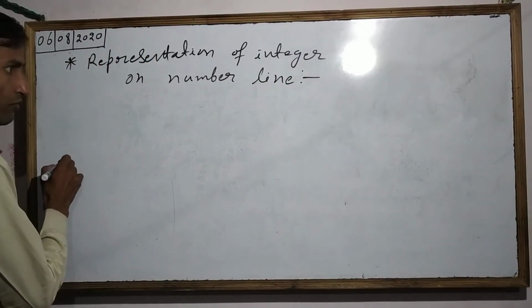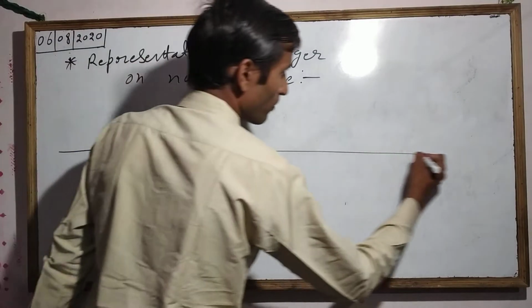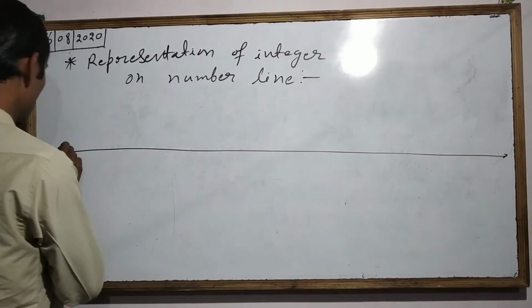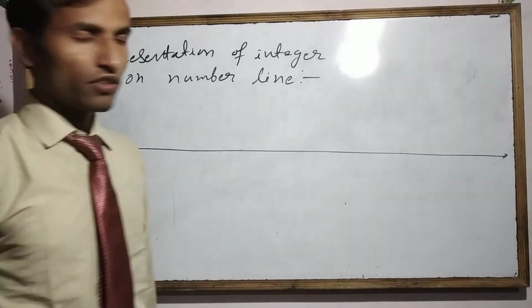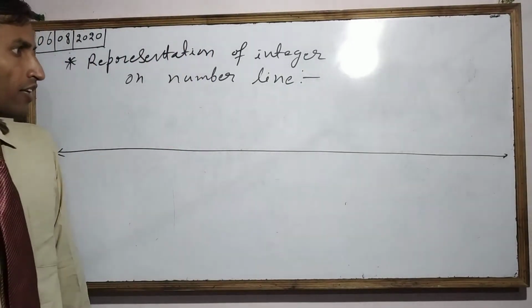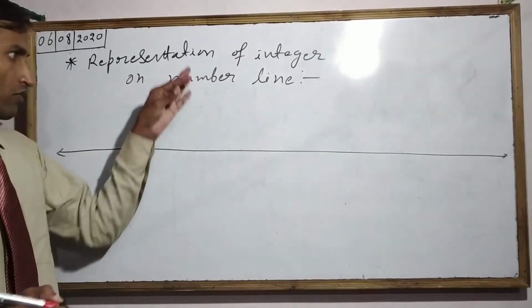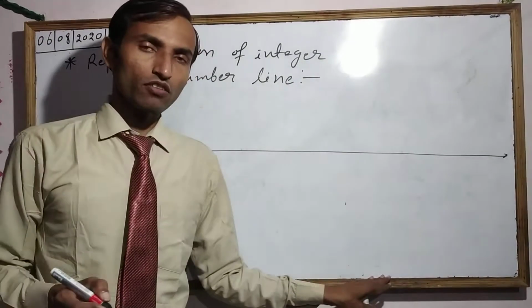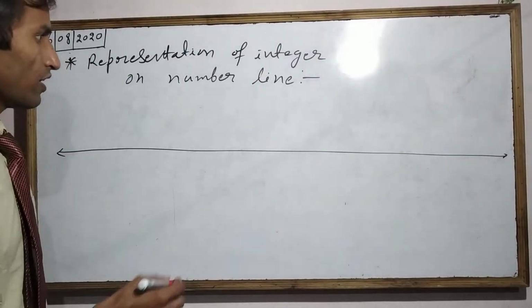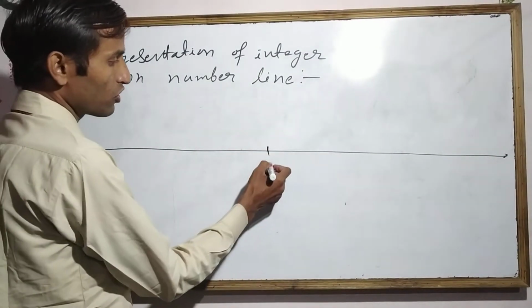So we just have to draw a number line like this. During the exam you have to draw with a scale and pencil, and write it down in your notebook. Whenever you write it down, just draw with a scale and pencil only. Okay. In between, you just cut, that will be the 0 part.